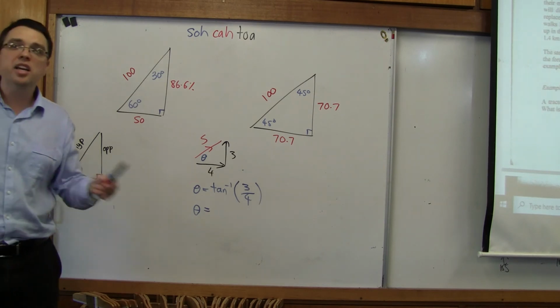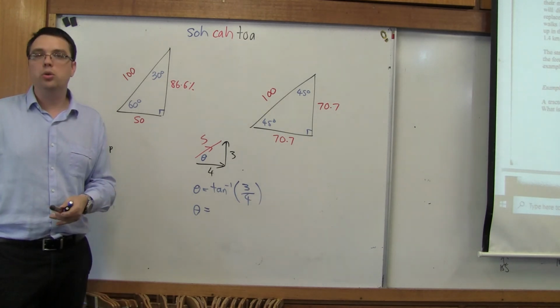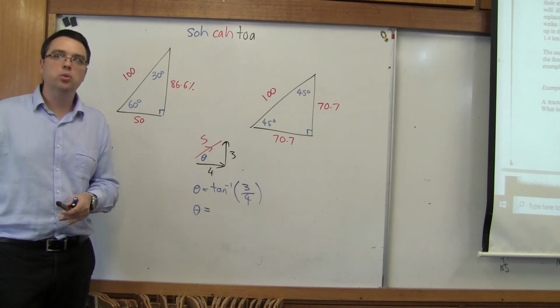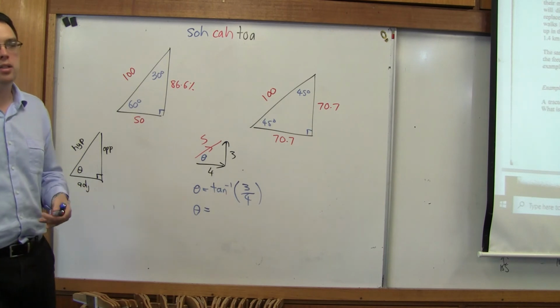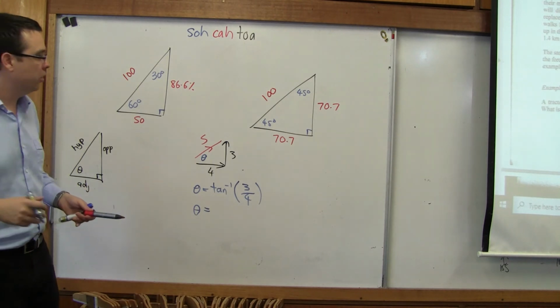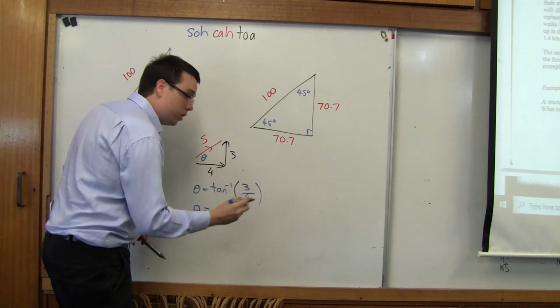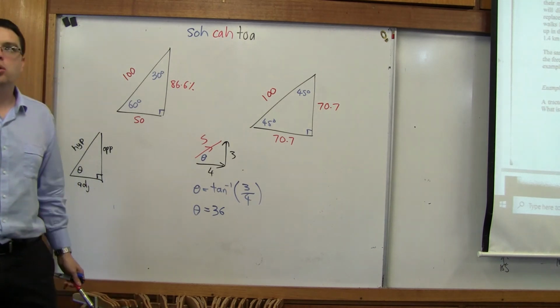Occasionally I see smart kids write down that the angle is 3 degrees. What they mean to say is it's 3 point something radians, but I didn't ask for the answer in radians, I asked for degrees. If you write down 3 radians, I'll figure it out and mark it correctly, but I'll be cranky about it. What did you say it was? 36.86.